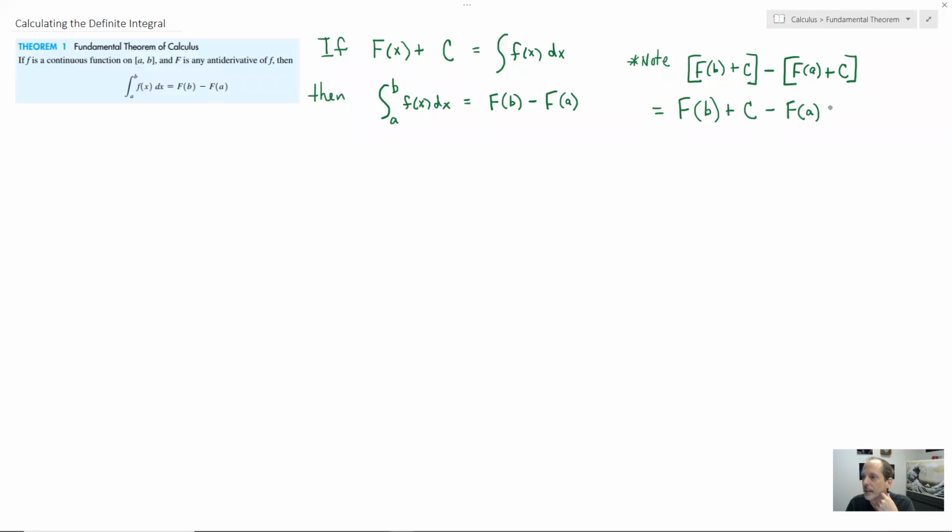Because I'm distributing this negative to the same c that I've added over here, and it negates itself. So we just end up getting an F of b minus an F of a.